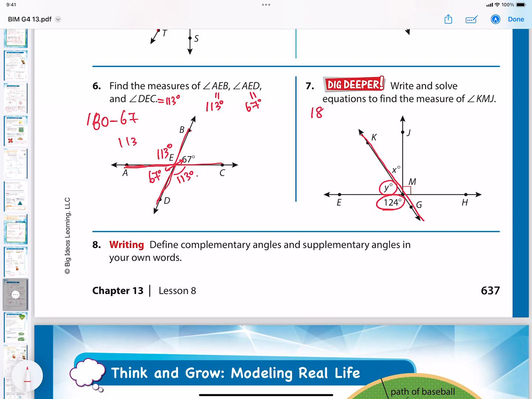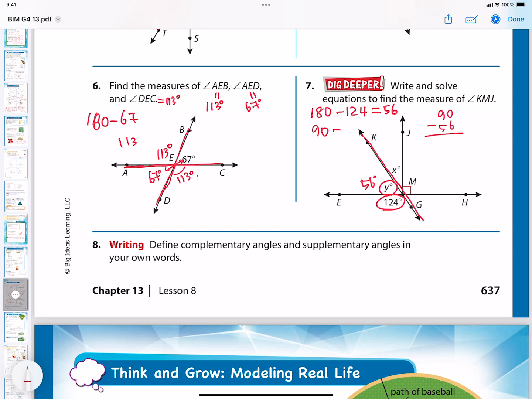By subtracting 180 minus 124, which is 56 degrees. Now 56 plus x has to be 90, which means 90 minus 56. I need to write down the equation.